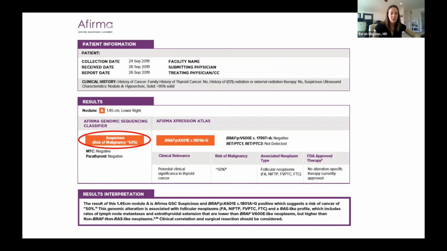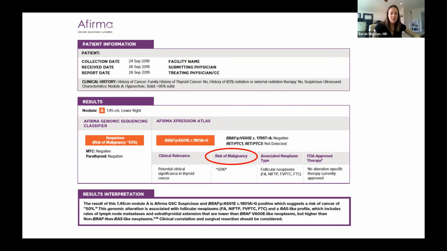In this particular case, it was suspicious for malignancy and denoted a risk of malignancy of about 50%. And there's a notation that medullary thyroid cancer and parathyroid tissue was not detected. And then just to mention the Afirma Xpression Atlas result, this lists the gene variant that was detected, BRAF K601E in this case, and the risk of malignancy associated with that, which is approximately 50%.